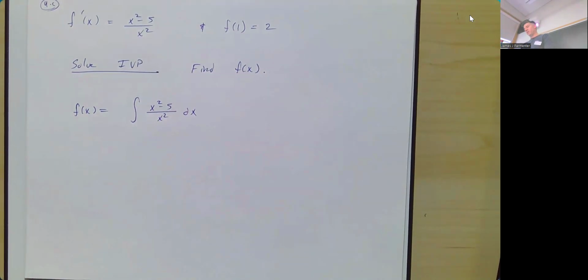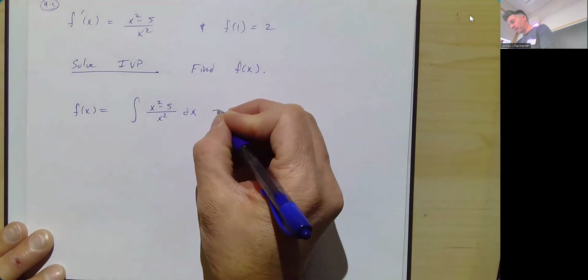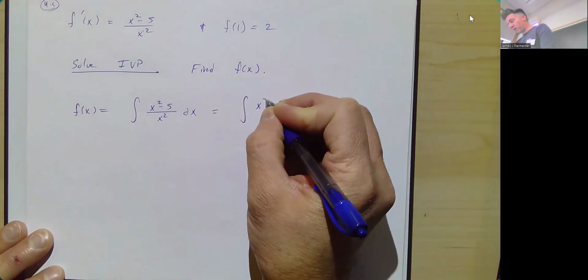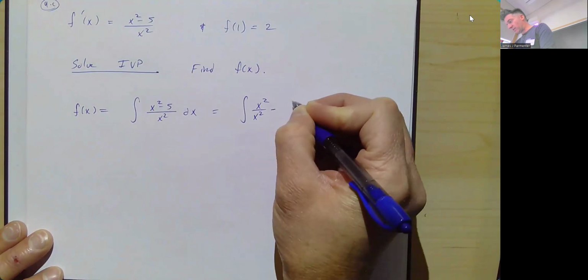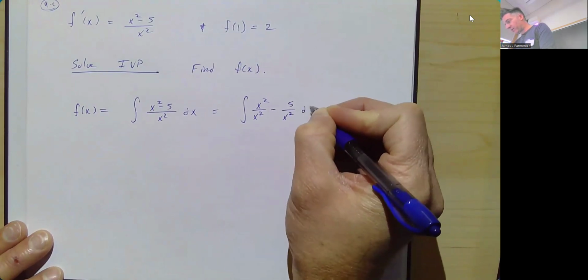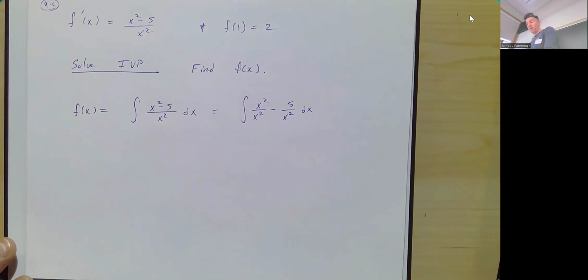I suppose if you really wanted to make things harder on yourselves, you could do this with long division, but that's not necessary here. If you have a rational expression and your denominator has one single term, we can just divide each thing in the numerator by that single term. So we can rewrite this as the integral of x squared divided by x squared minus 5 divided by x squared, which we should then rewrite again.